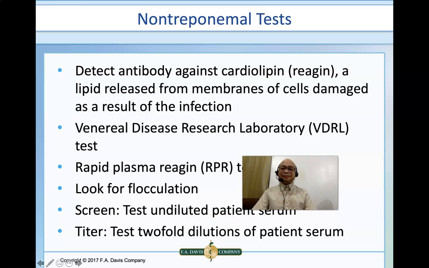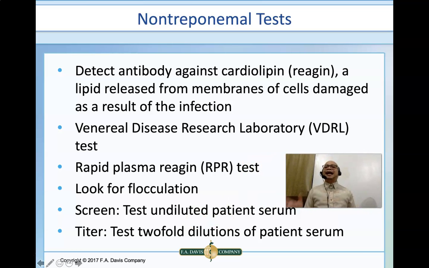The non-treponemal test detects antibody against cardiolipin, which we call reagin. So what is cardiolipin? Cardiolipin is a lipid released from the membranes of cells damaged as a result of the infection, which means that in non-treponemal tests, we do not detect antibodies against the organism itself, but we are detecting reagin.